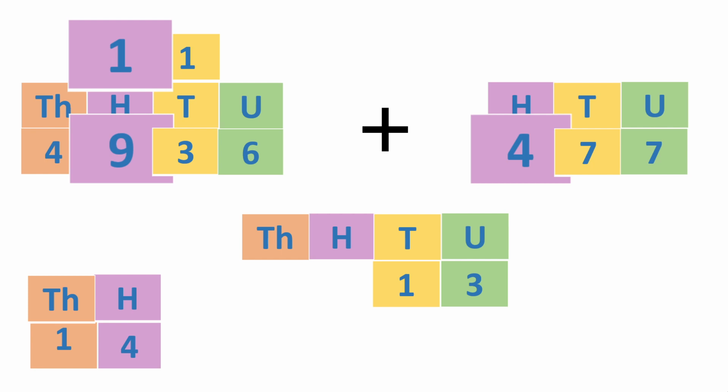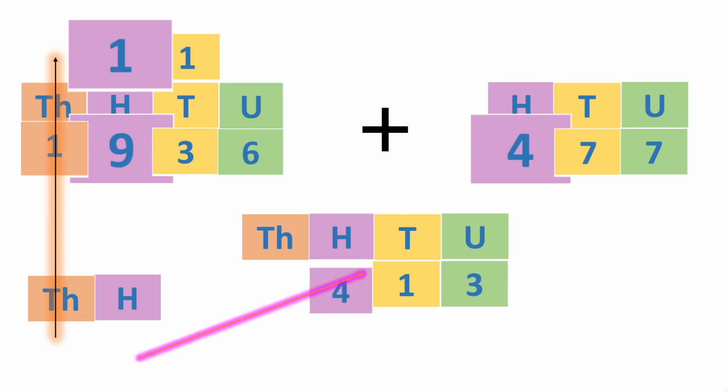So 1000 will go to the thousands place as a guest and 4 will take the hundreds place in the sum. Like this.